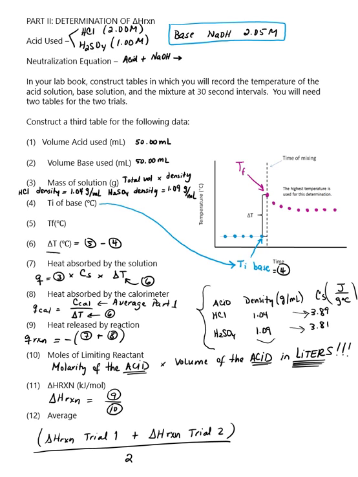Now, if the calorimeter is absorbing heat, okay? And your solution is absorbing heat. The calorimeter and the solution, it's your surroundings. Okay? The reaction is the system. If the surroundings are absorbing heat, it's because the system is releasing heat.